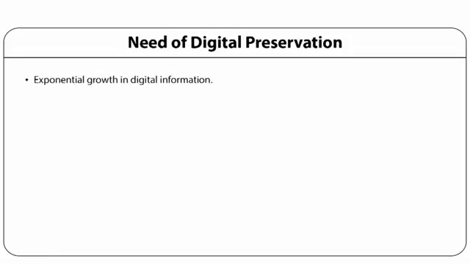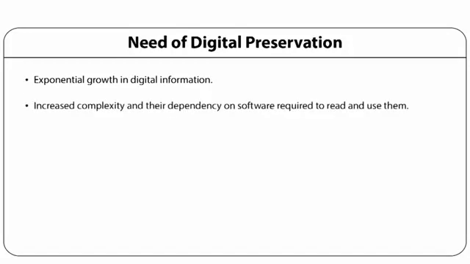exponential growth in digital information available in libraries and its ephemeral nature, increased complexity of digital objects incorporating text, images, audio, video, GIS formats, etc., and the increasing dependency on software required to read and use them.